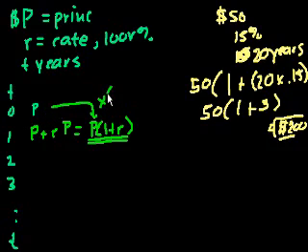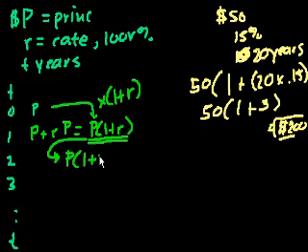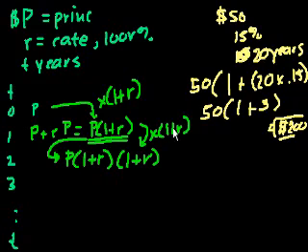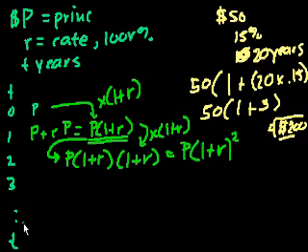So to go into year 2, we're going to take what we owed at the end of year 1, which is P times 1 plus R, and then we're going to grow that by R%. So we're going to multiply that again times 1 plus R. And so that equals P times 1 plus R squared.